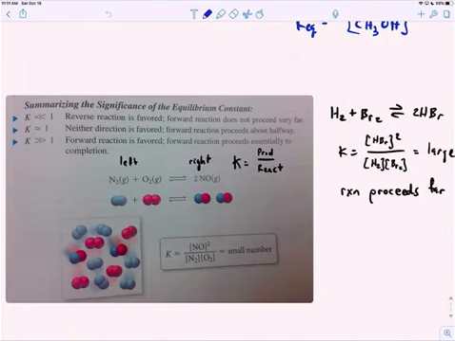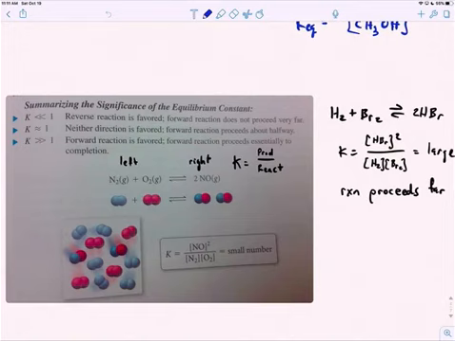So K being huge means a big number over a small number, which means products are big and reactants are small. And if K is small, you've got a small number over a big number: little products over a huge amount of reactants. For me, I don't even memorize this. I just logically think it out every time.